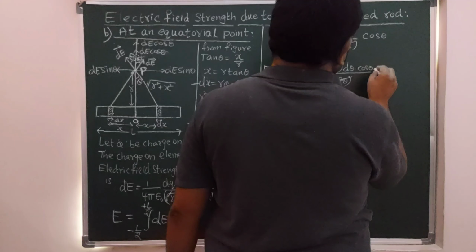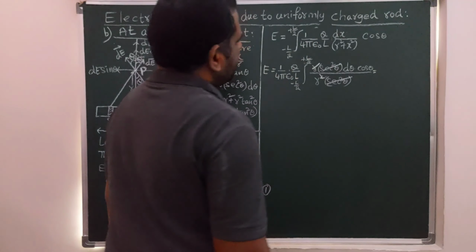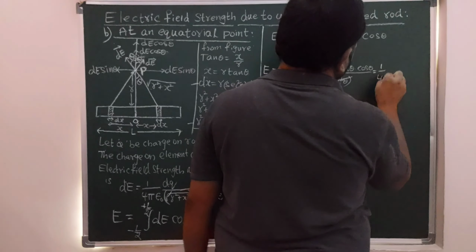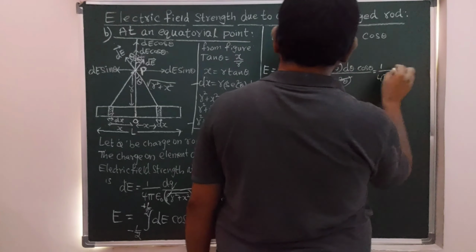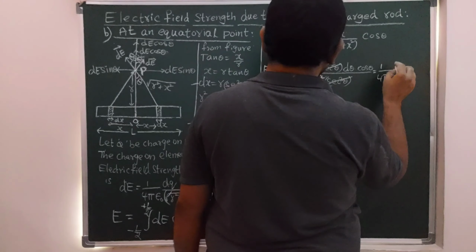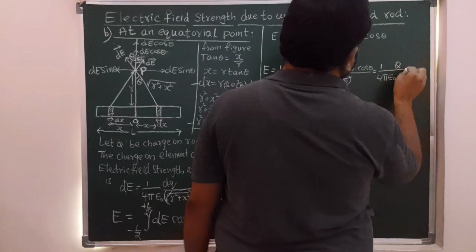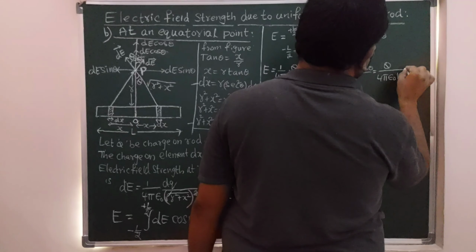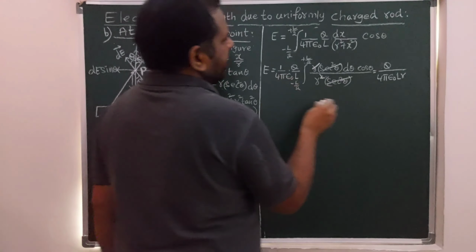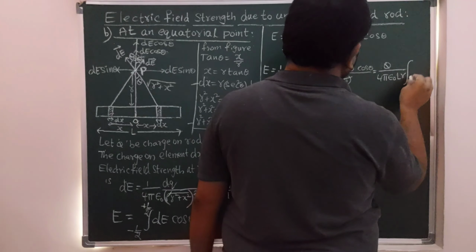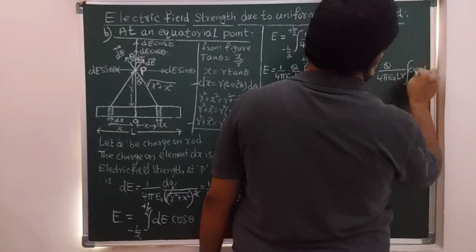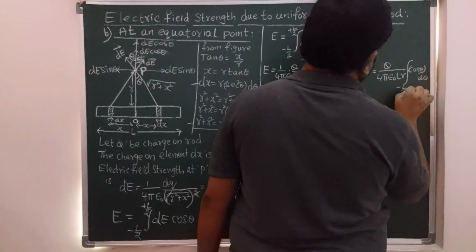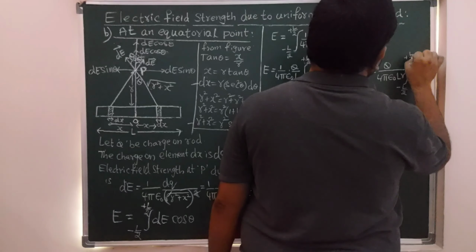So what is the remaining? R also we can write outside. So 1 by 4 pi epsilon naught, q divided by L into R, the integration of cos theta into d theta, with limits from minus L by 2 to plus L by 2.